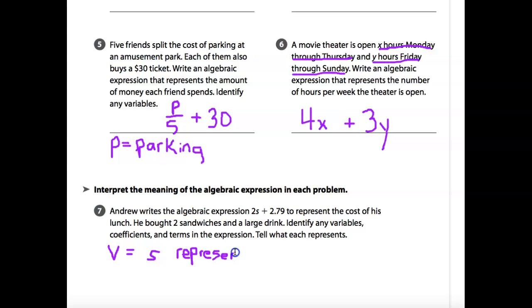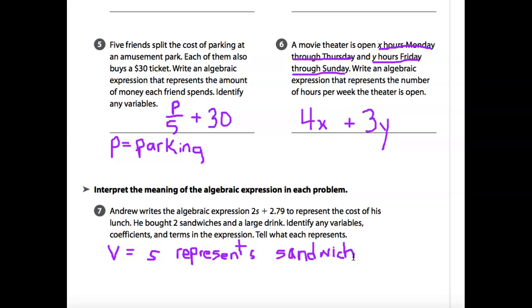Represents the price of each sandwich. I'm just going to shorten that. The price of each sandwich. Okay? All right. I should have typed this. That's what I should have done.